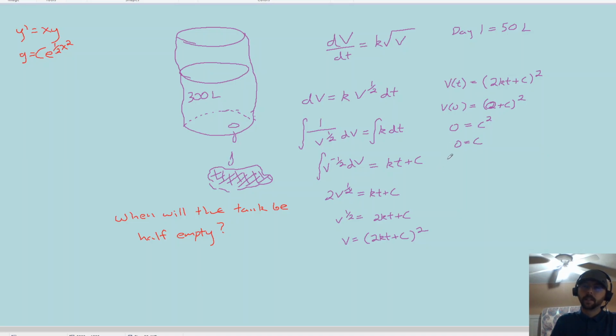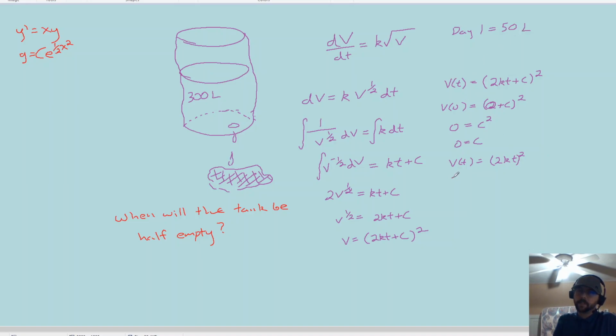So now, rewriting our equation with our value for c, we have v of t equals 2kt, whole thing squared. And now we can solve for k, because at day 1 we have 50 liters.